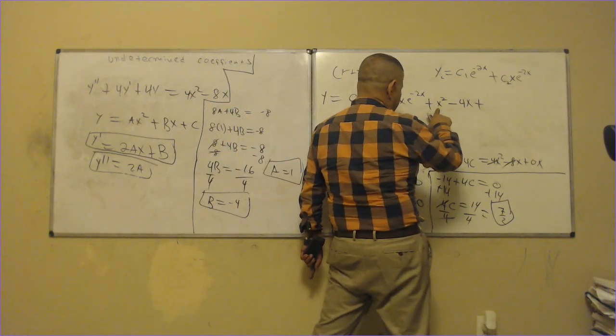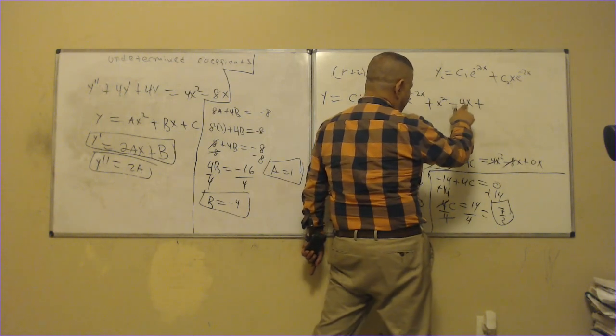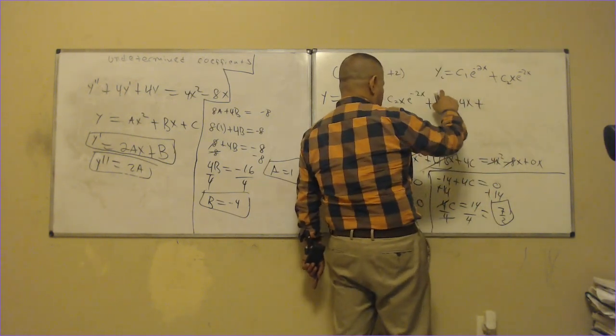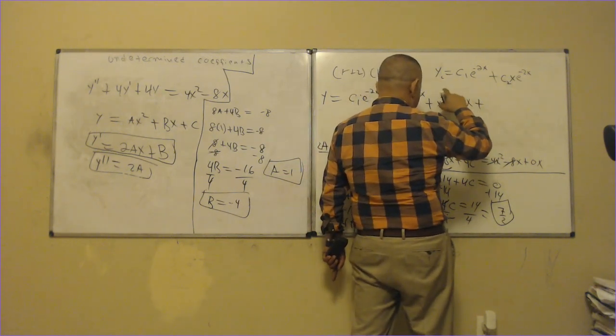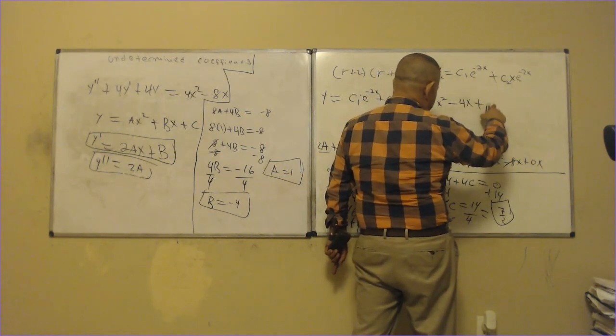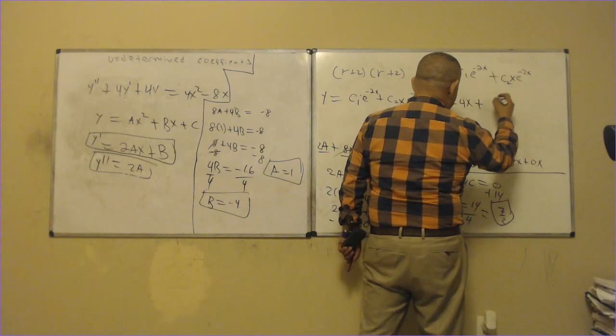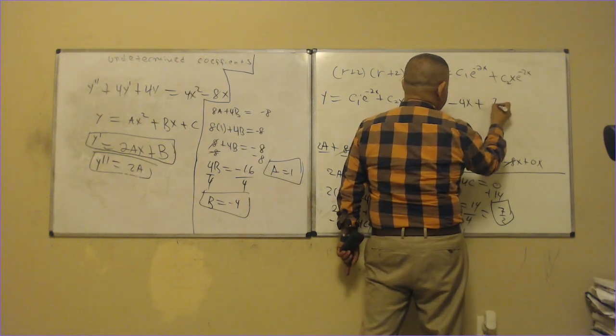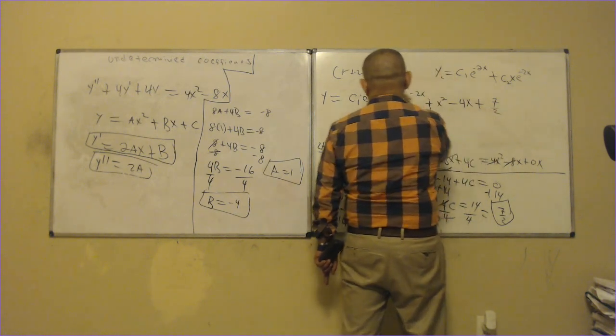You got this exponent, one less exponent, which is 2, 1, 0. So it's going to be simply 7 halves.